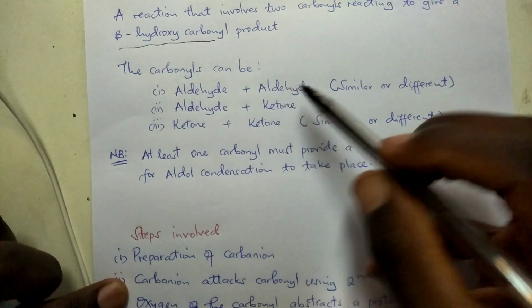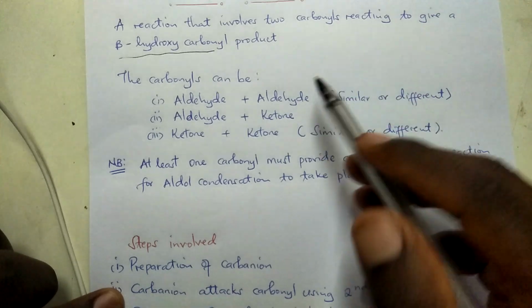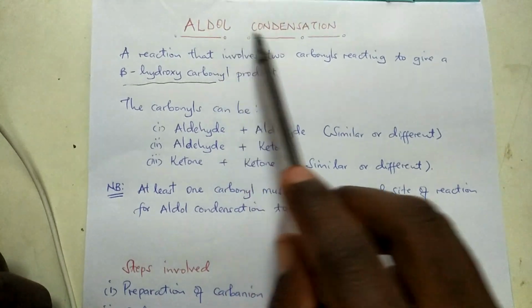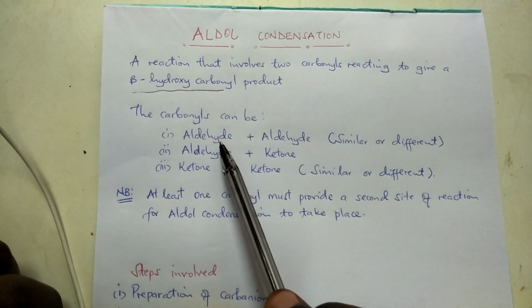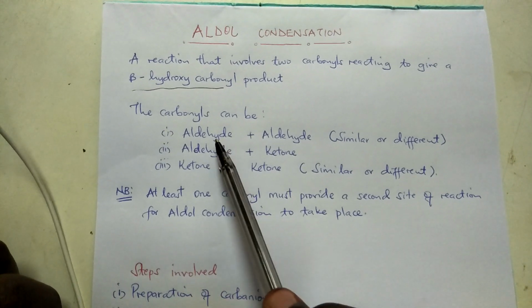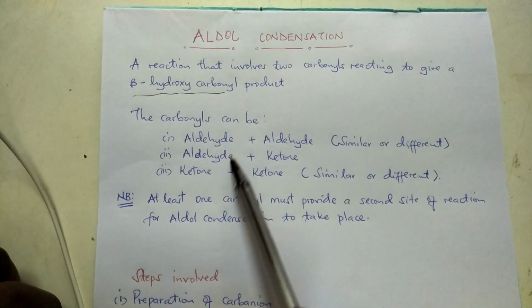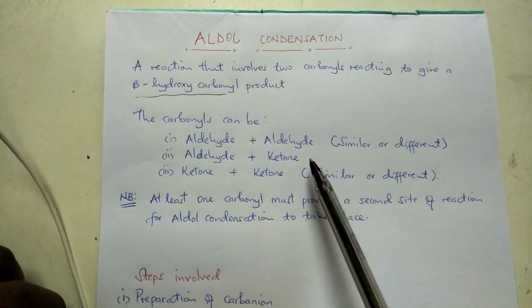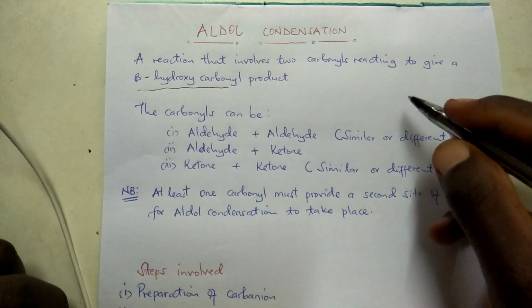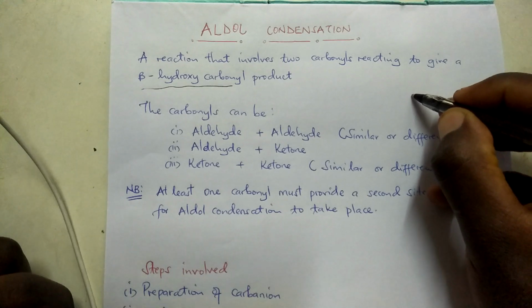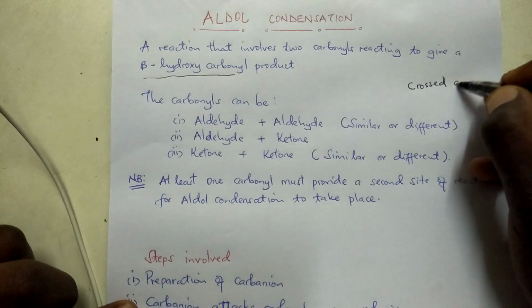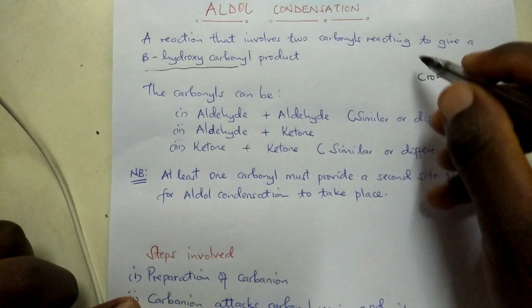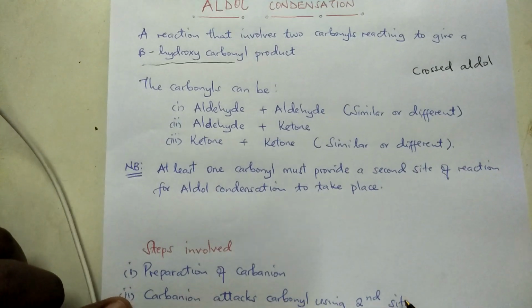Now, when we are using two similar carbonyls, that is the normal aldol condensation. But when we are using any two different carbonyls, that is two aldehydes which are different, or an aldehyde and a ketone, that is what we call crossed aldol condensation. So we can have crossed aldol, and we can have the normal aldol condensation.